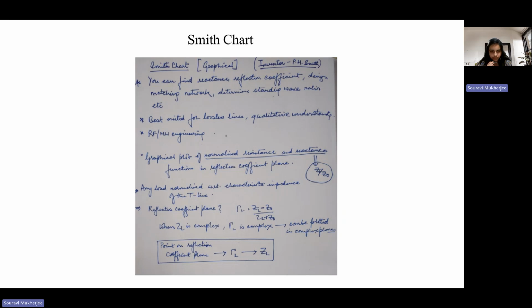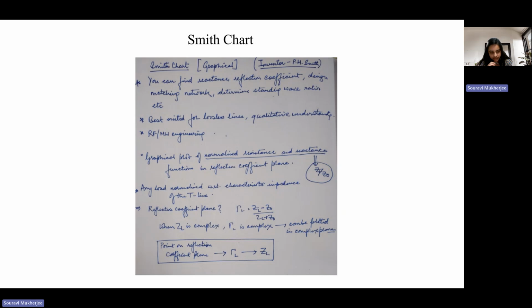Now because it's complex, you can plot it in a complex plane. Just as you can write a plus ib as a point in a plane, where you have the x coordinate given as a and the y coordinate given as b, real and imaginary part. Similarly, you can define a reflection coefficient plane.